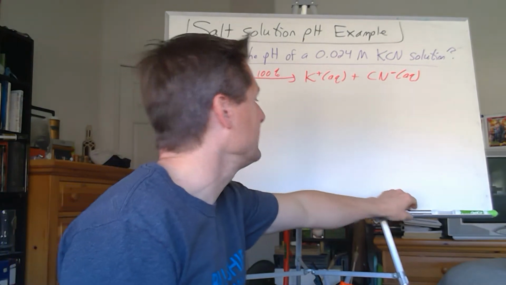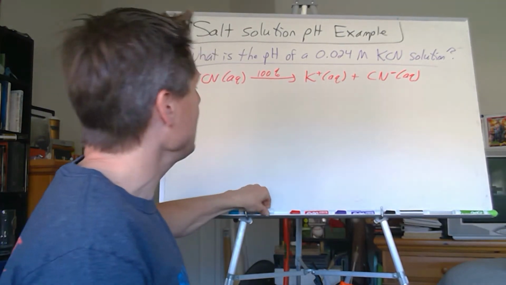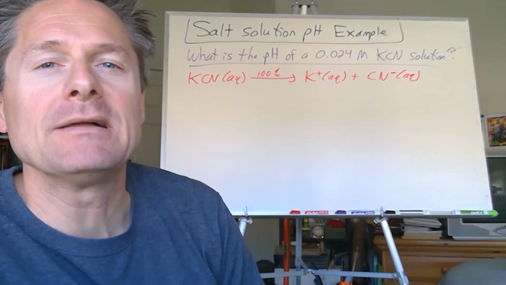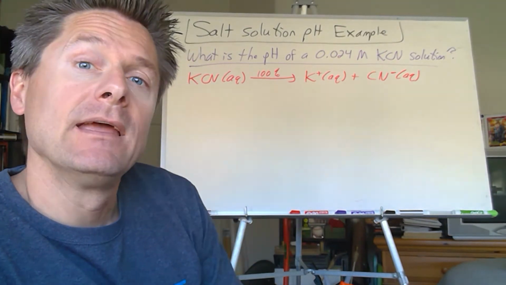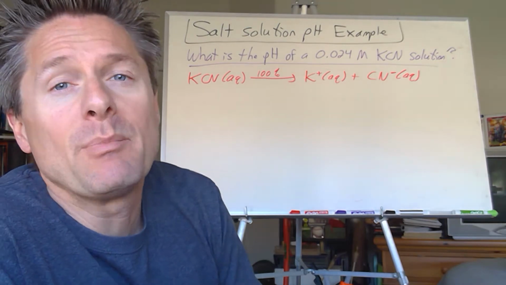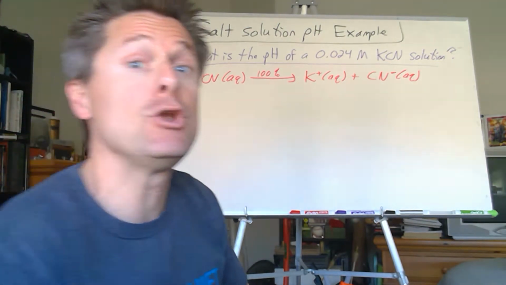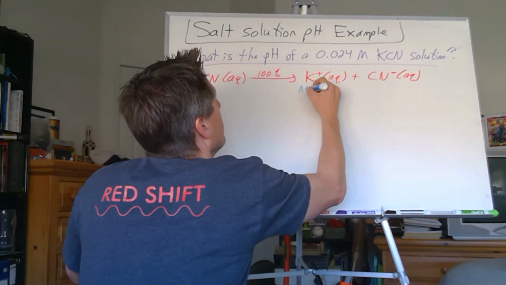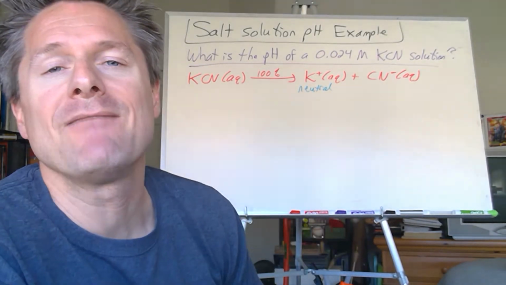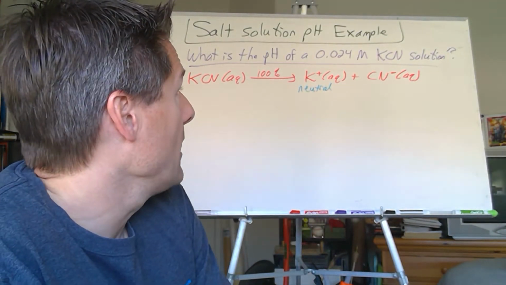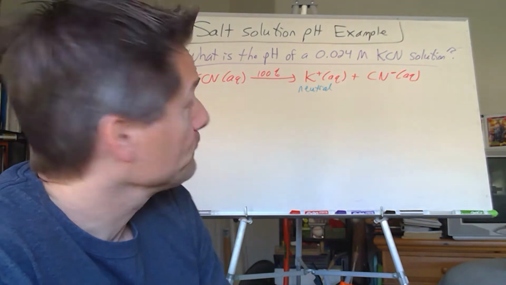I'm going to analyze these, and I'm going to look at the potassium. Now, the potassium ion is the cation from a strong base, potassium hydroxide. Since it comes from a strong base, that potassium ion is going to be neutral. That will not have any acidic or basic behavior. It is too weak to ionize in water.